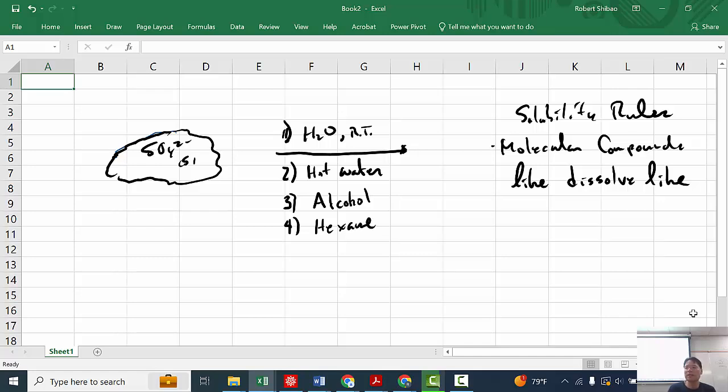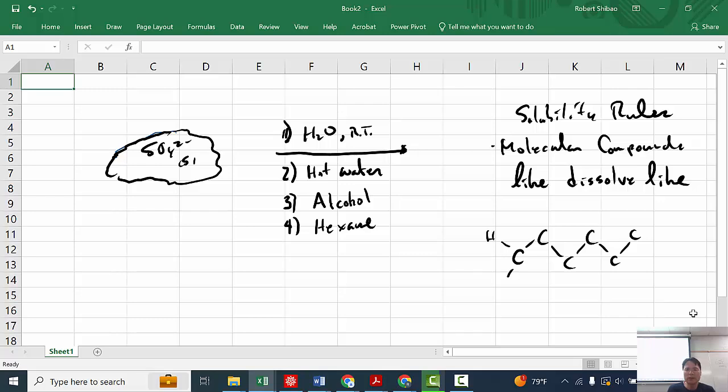If I look at hexane, hex, how many carbons is hex? 6. Normally we can write them in a zigzag way like this because all these carbons are tetrahedral carbons. So I'll have the tetrahedral bond angle here. So that's 6. And then I'll fill the rest in with hydrogens.